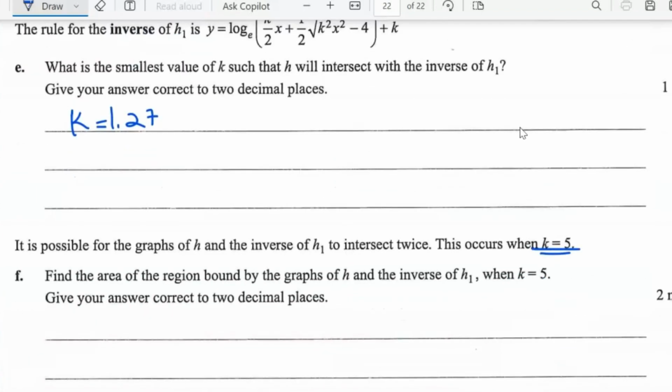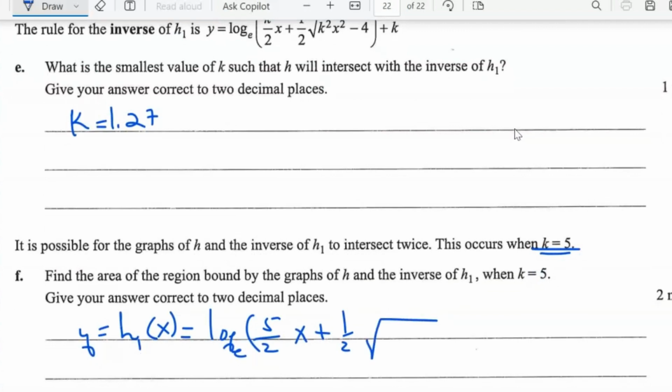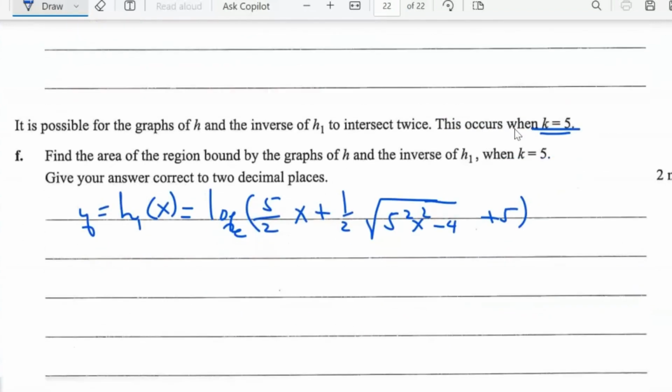Alright, now the inverse is the same as y, which in this case, 5 over 2, a half, 5 squared, x squared minus 4 plus 5.